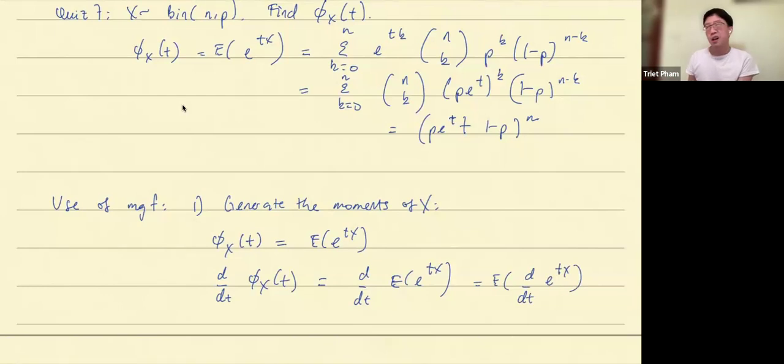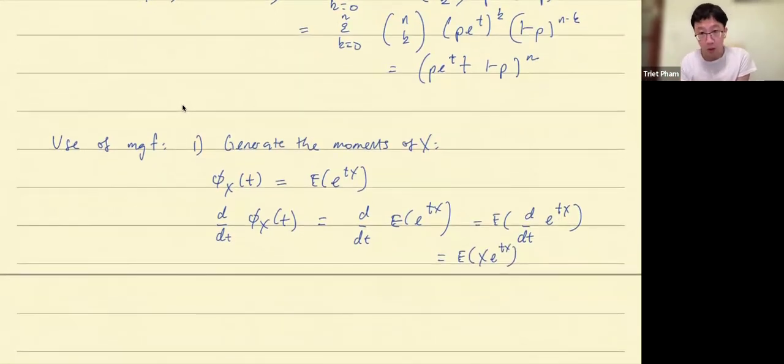Not always true, under certain conditions, but here, let's say that we operate under those cases where the conditions are satisfied. Then what? Differentiate this with respect to t, right? X is a constant in this case, so x comes down. So that's going to be the expectation of x e to the tx.